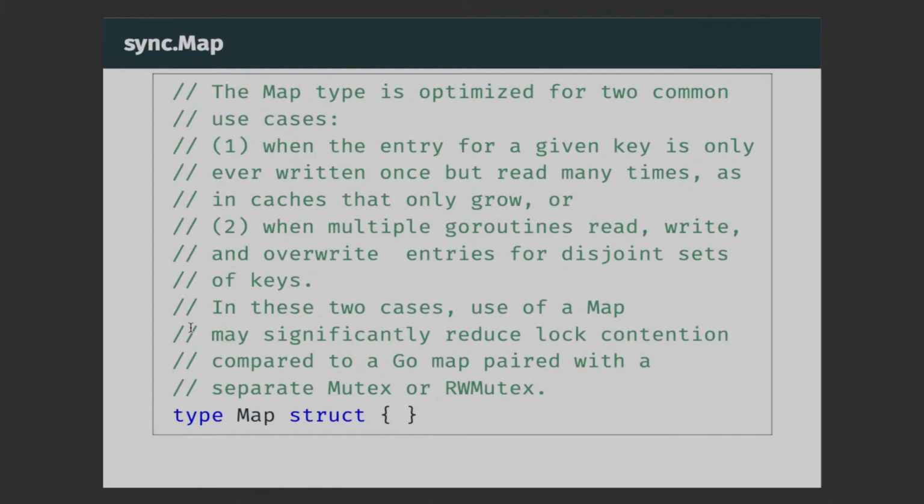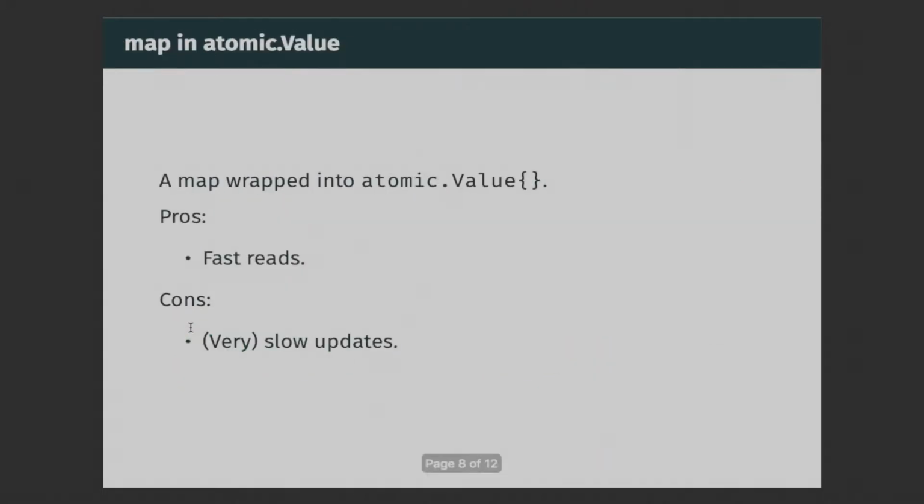One is when your cache only grows, so you don't update keys, and the other is when different Go routines are updating different keys. This is a bit tricky, because it says sync.Map so you would think it's always for you, but in practice, you need to read the documentation to understand that most of the time you are better off using a mutex.